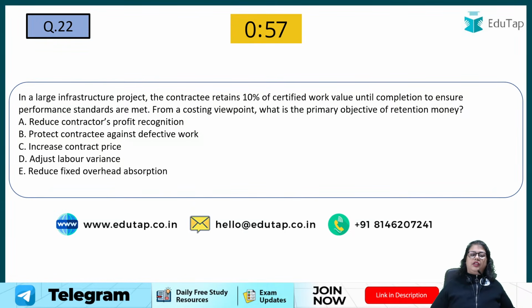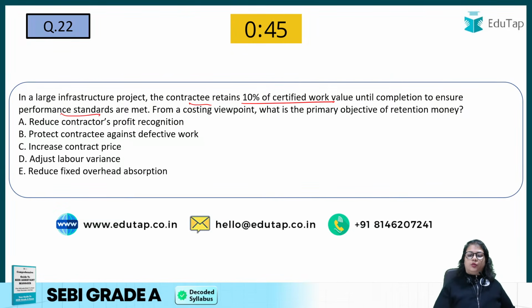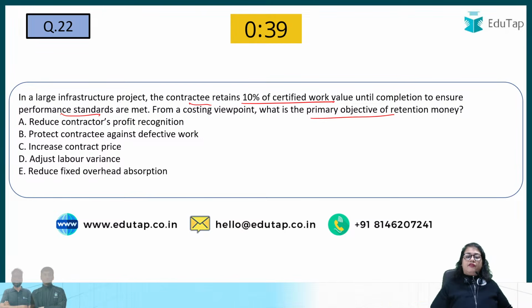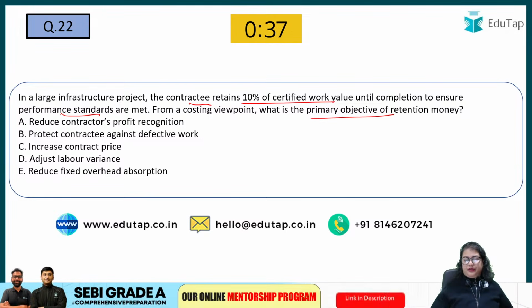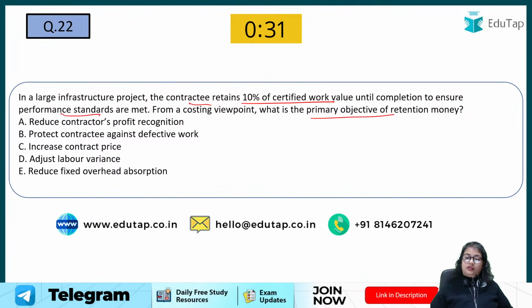Question number 22. In a large infrastructure project, the contractee retains 10% of the work certified value until completion to ensure performance standards are met. So from a costing viewpoint, what is the primary objective of retention money? Why do we retain the money? Why, as a contractee, if I'm giving out the project to someone, saying build my house, am I retaining 10% of the work certified, the work that has been done?